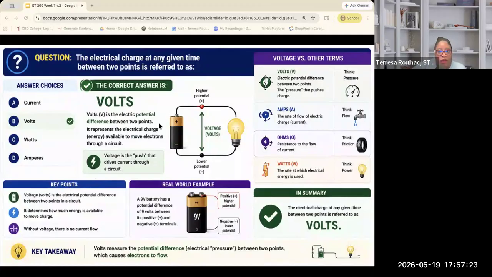Okay. The question: the electrical charge at any given time between two points is referred to as what? So yes, we're looking at that electrical charge, and then any given two points, because they're trying to get you to the answer of volts. Yes, excellent question. I'm glad I went back around to it.